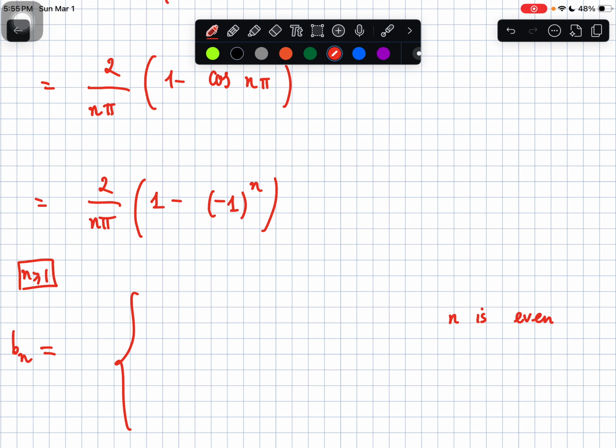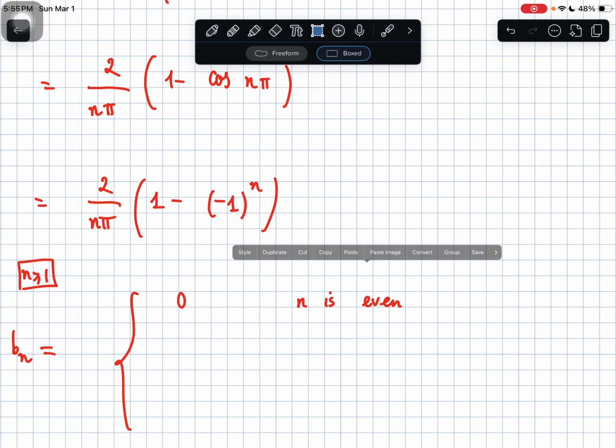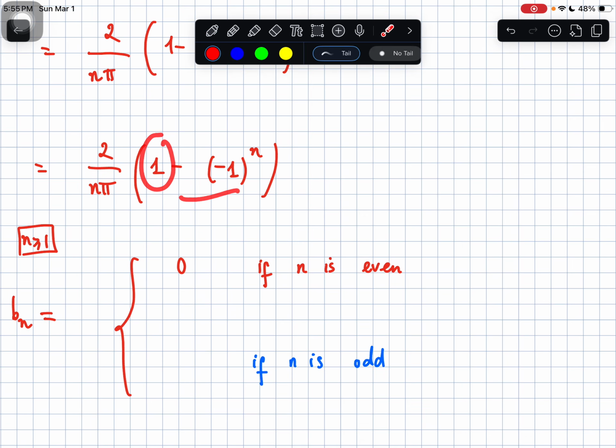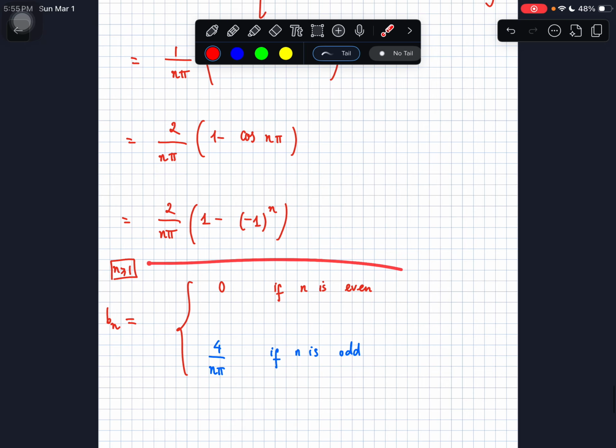You have 0 if n is even. And if n is odd, this term is minus 1, then you have 1 minus minus 1, so you have plus 2. Plus 2 times 2, 4 over n pi. This is our coefficient Bn.